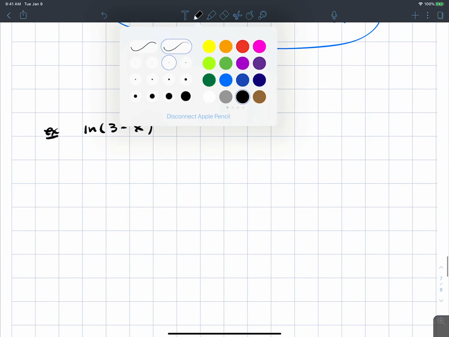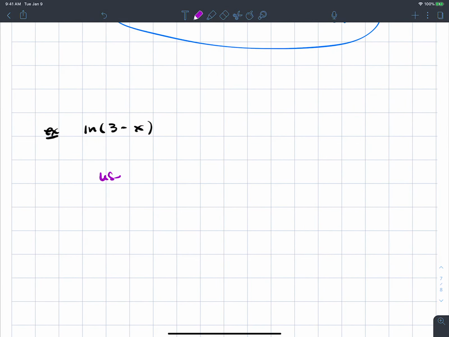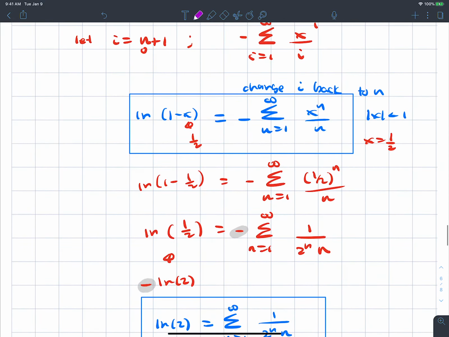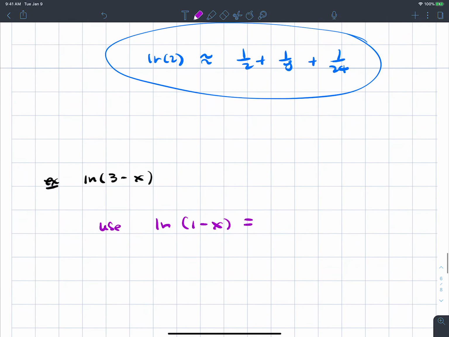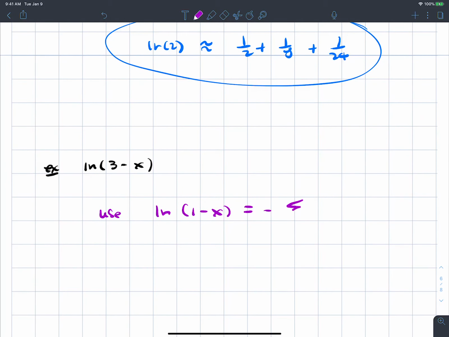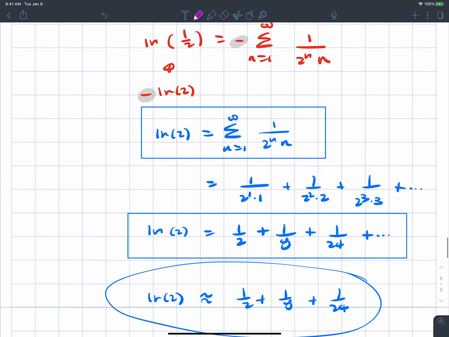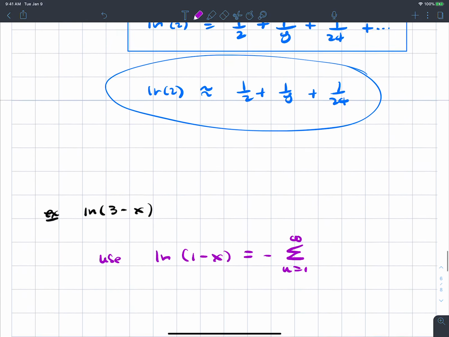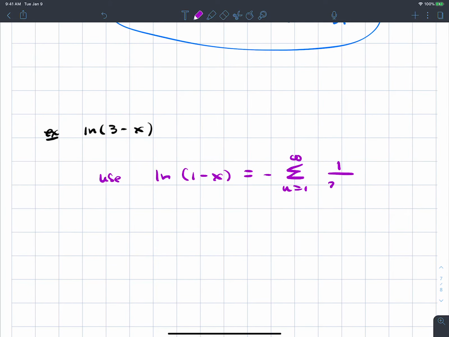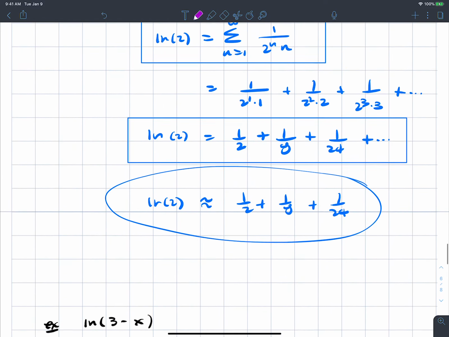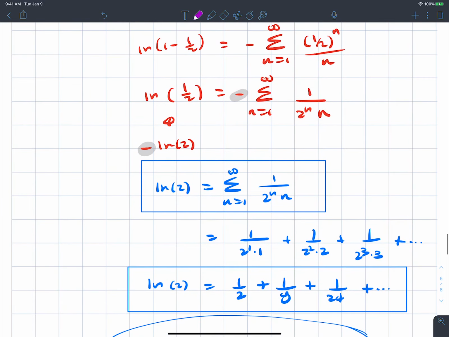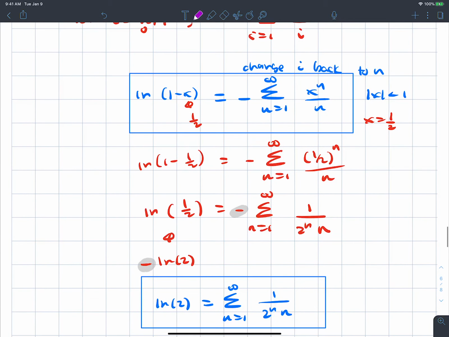Okay, now what you're going to use is what you actually had here for natural log of 1 minus x. You say the natural log of 1 minus x, we just showed, is this minus, starting for n is 1 to infinity, x to the n over n.